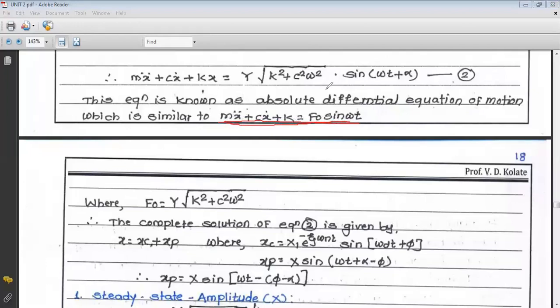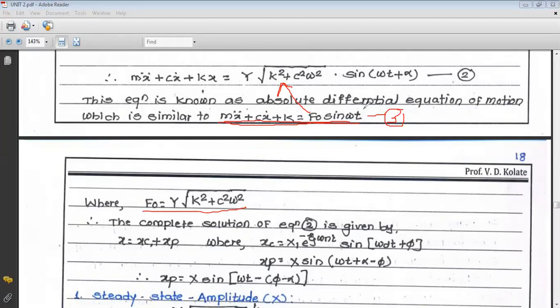Now if we compare equation number 2 with this equation number 3, we get the value of F0. What is the value of F0? We get the value of F0 as Y into square root of k square plus c square omega square.